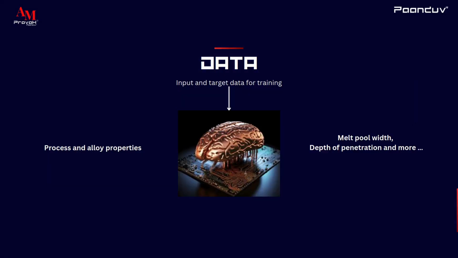Next is the data. Again, this data is required two times. One is during the training and the second one is during your prediction, when you want to predict the parameters on the same model which you have trained prior.